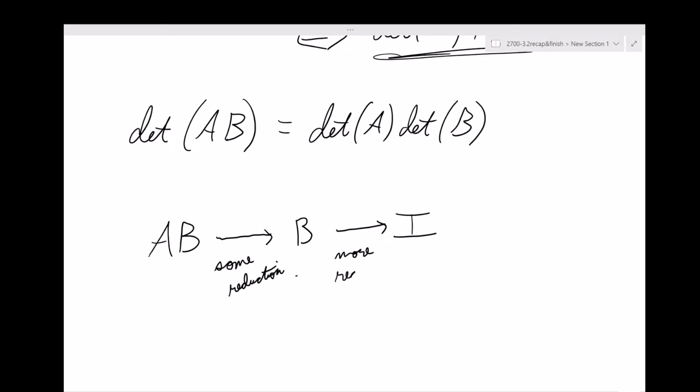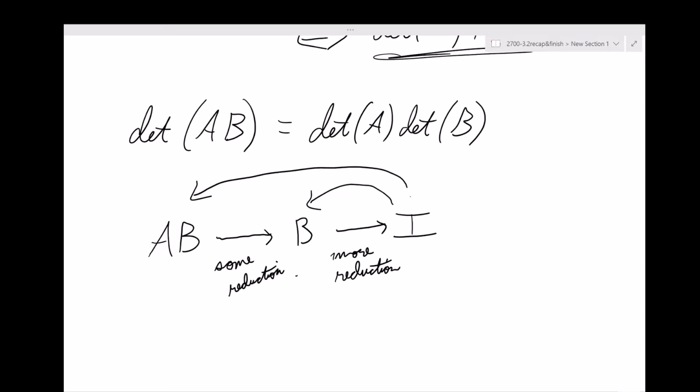More reduction. And then perform all those steps in reverse, and then what do I get? I get a string of row reduction steps that take me from I to B.